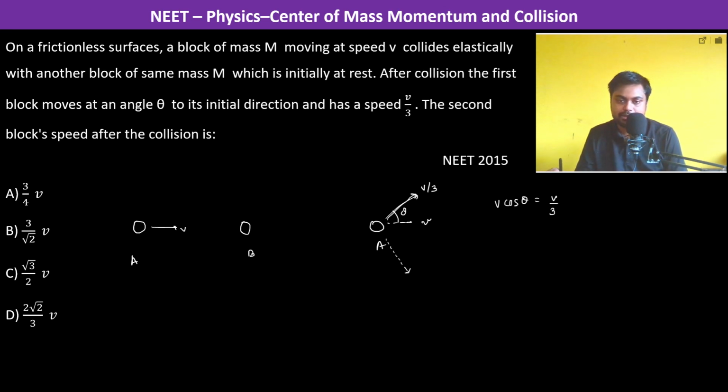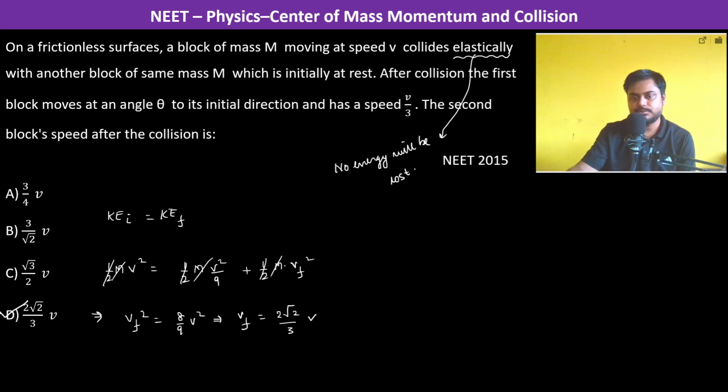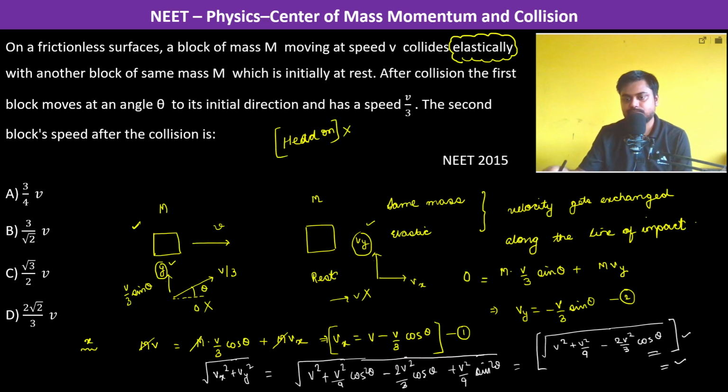And now this V sin theta will be getting exchanged here, so this has started traveling with V sin theta. So V cos theta is V by 3. Now we substitute here.